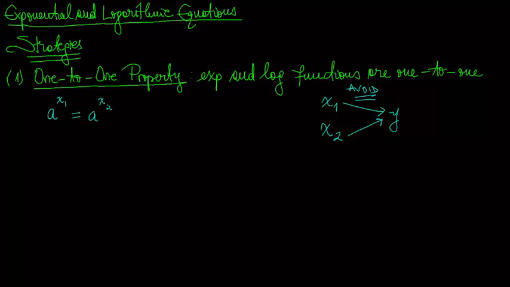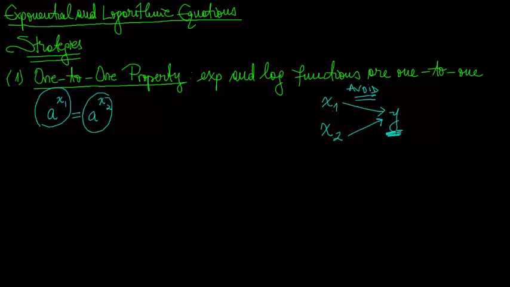Now what is going on here? I'm telling you that given an x1 and an x2, their corresponding y's, namely in this case for the exponential function, a to x1 equals a to x2. So for two different x1 and x2, we have that they are mapped to the same y value.